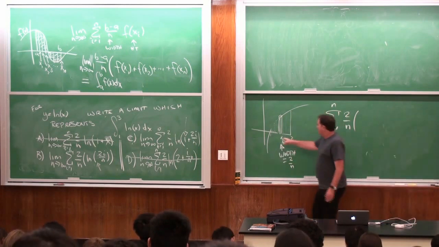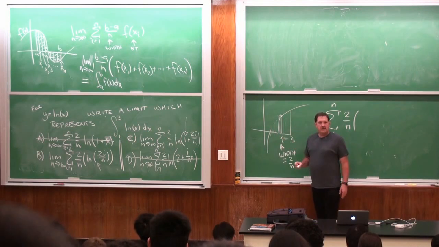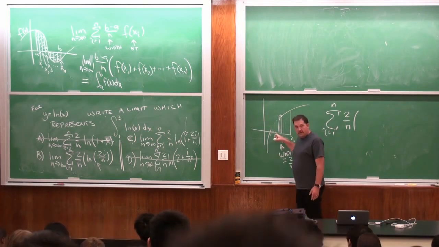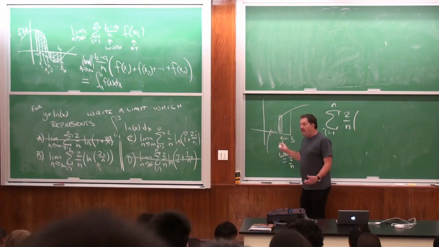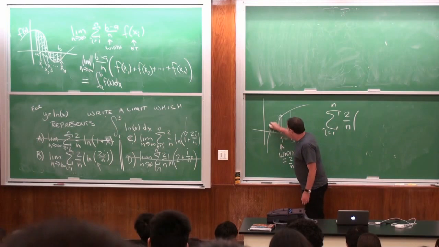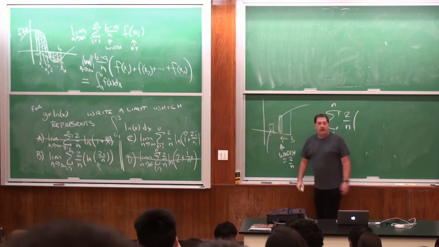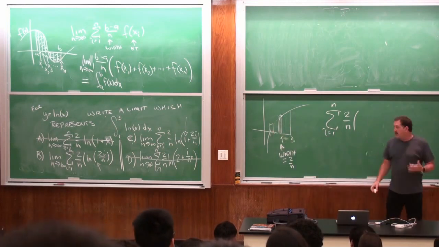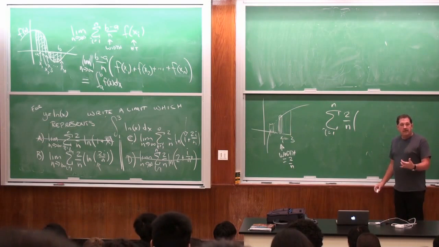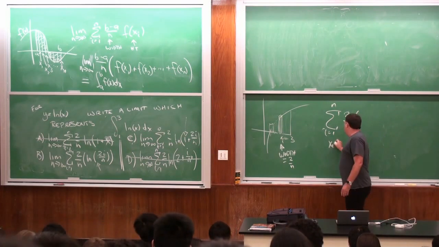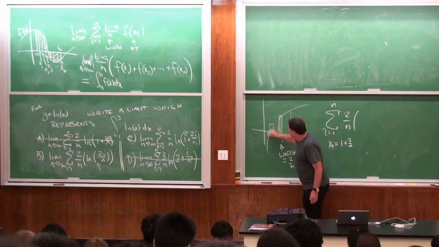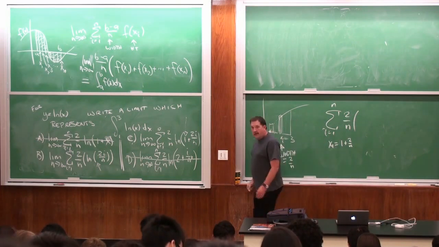If I move over n spaces, so for the first one, move over 1 space, how far have I gone when I start at 1 and move over 1 step? I've gone 2 over n. So x1 is 1 plus 2 over n, because I start at 1 and take a step of size 2 over n.